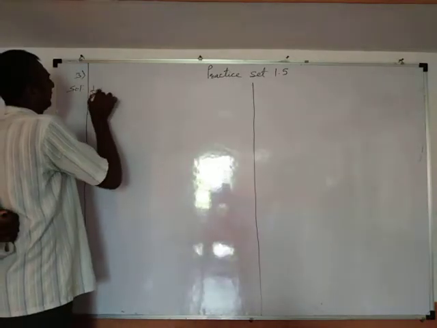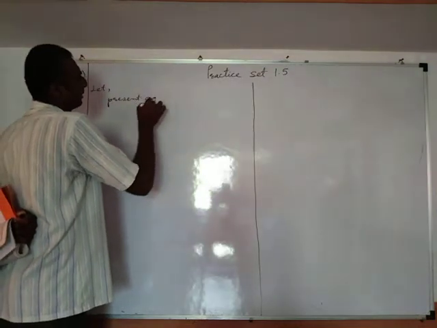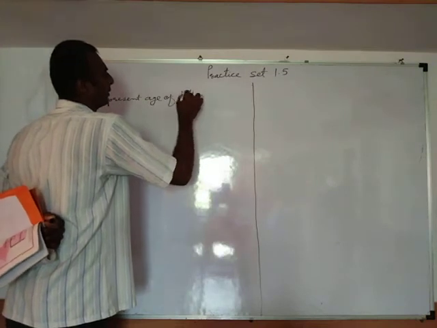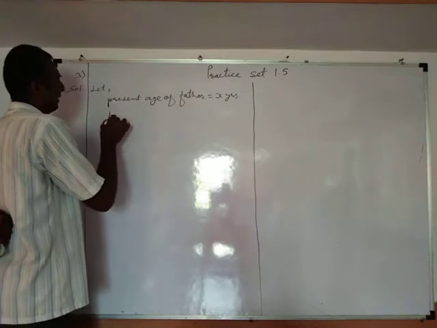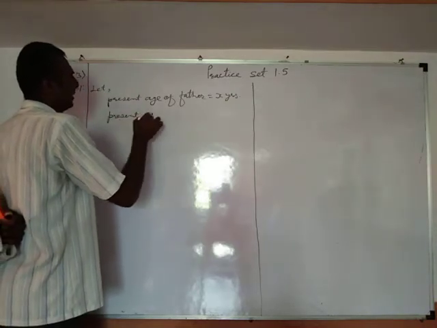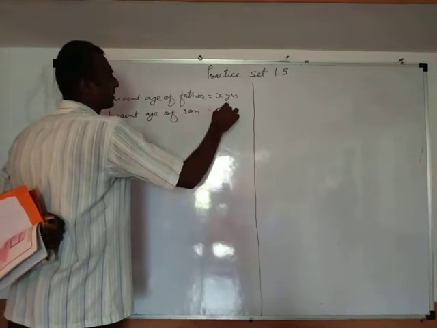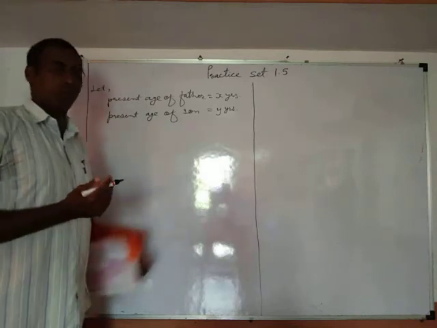Let present age of father equals x years and present age of son equals y years. Of course, x is greater than y here.